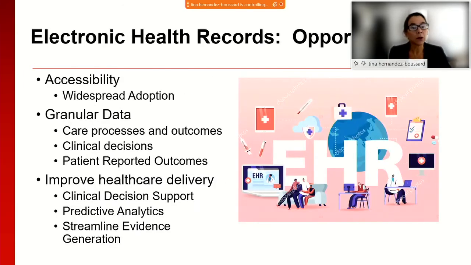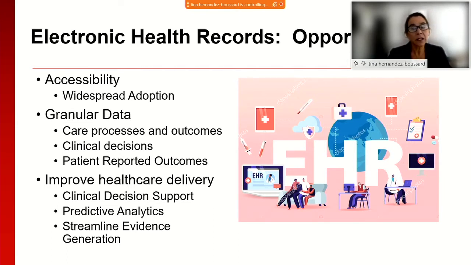So in my work, we use electronic healthcare records to really advance the use of real-world data. First, as you know, there's been a widespread adoption of EHRs, making it accessible to most healthcare centers. EHRs include granular data on care processes and outcomes, clinical decisions, and sometimes patient surveys, which therefore might have the opportunity to allow you to assess patient-reported outcomes.